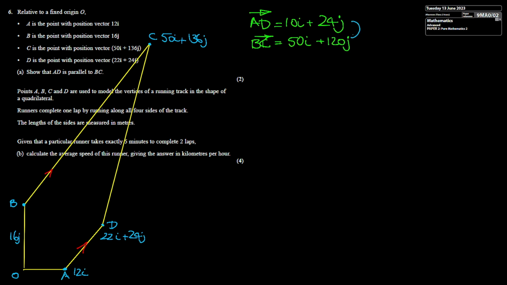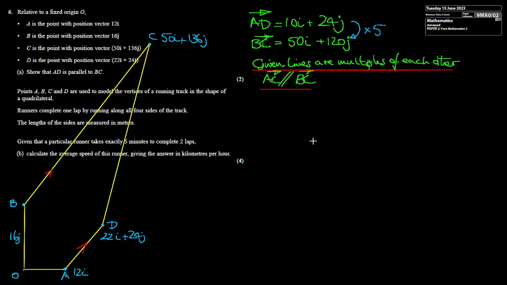So hopefully you can see, if I multiply the first vector by 5, I will get to the values of i and j here. 5 times 10 is 50, 5 times 24 is 120. So given that we can do that, these lines are indeed parallel. So we've proved what was required in part A.